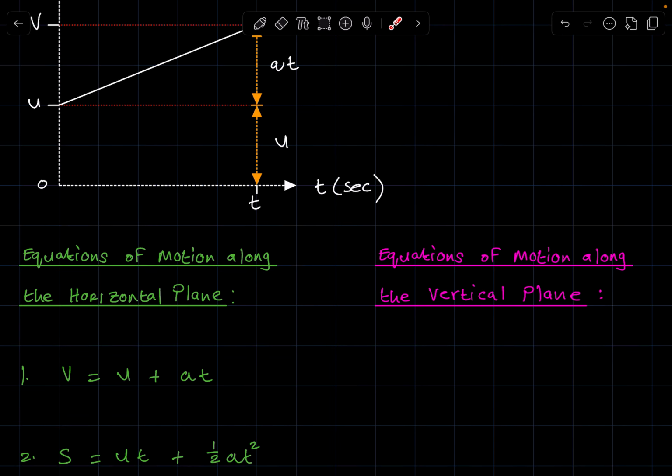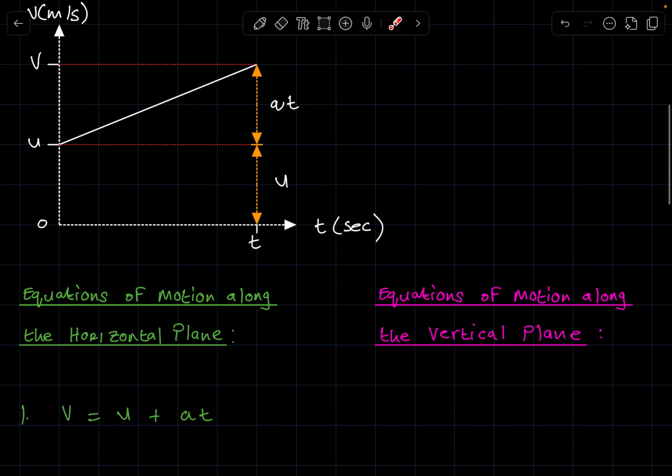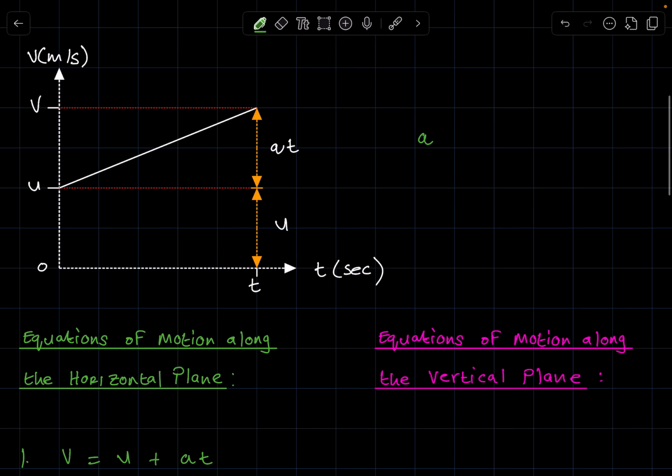So using the area of a trapezium, the area of a trapezium is typically equal to (a plus b) divided by 2 times h. That is the area of a trapezium.